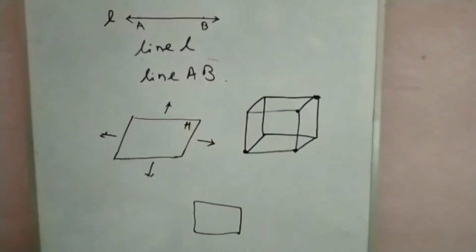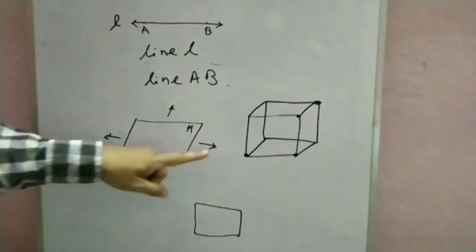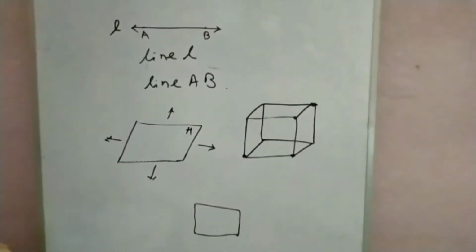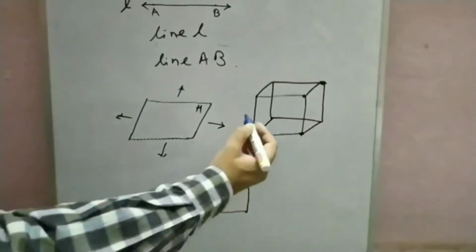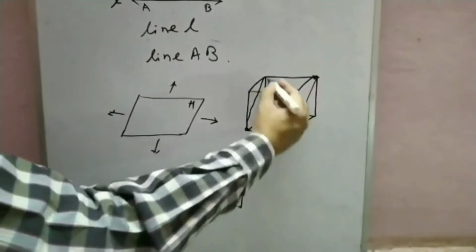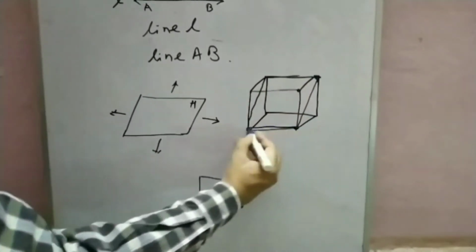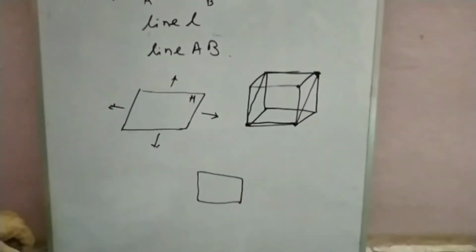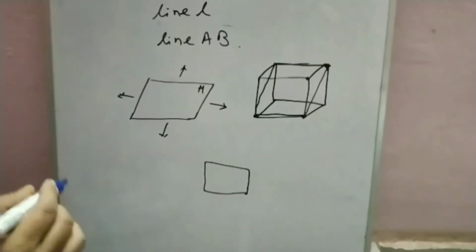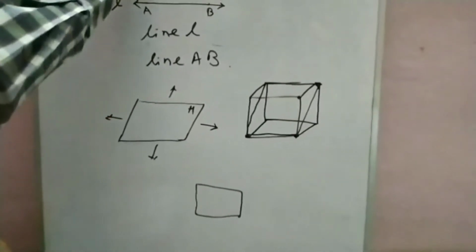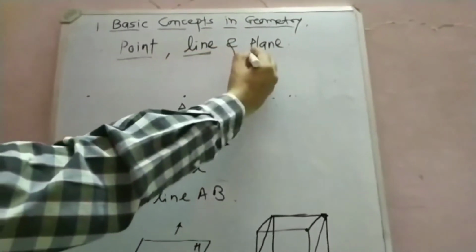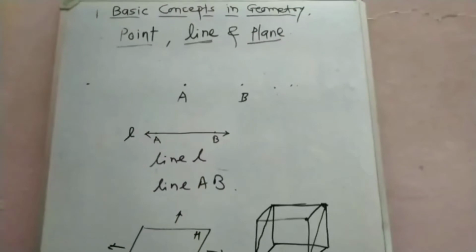Can you say from these 3 we draw any plane? Yes. How? In this way. This is also called a plane. So friends, today we learn about these 3 concepts, that is point, line and plane. Thank you.